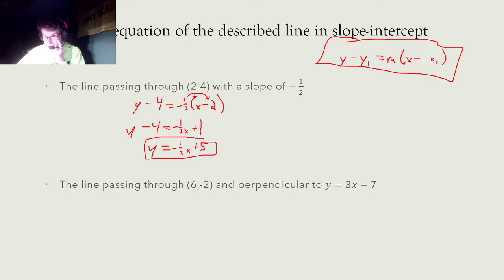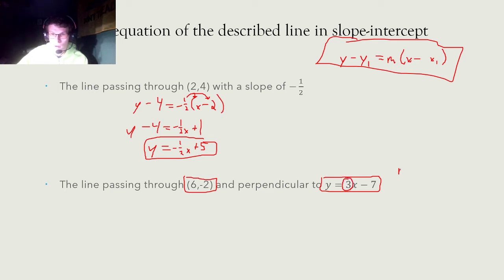All right, now we're getting into perpendicular lines. So things are a little bit different here. We have a point, but we are finding out the slope-intercept form equation for the line perpendicular to this one. So here's what we have to do to figure this out. First off, identify the slope in your perpendicular line.